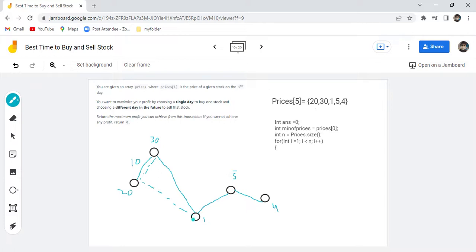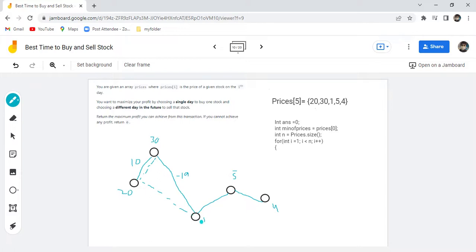Now when we are on this node, we know the difference between 20 and 1, which is 1 minus 20, minus 19. Now we can see that 1 is lesser than 20, so 1 is now our root node, and we will find the differences between other nodes from this value.